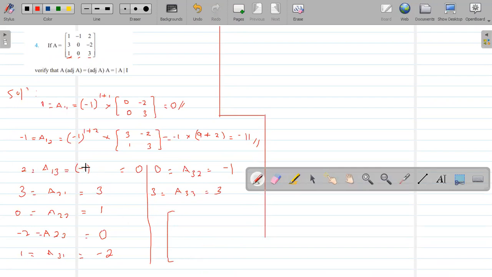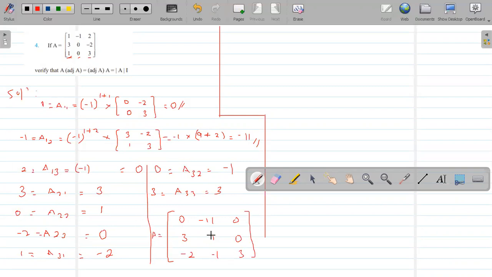So matrix form is, okay, so we start from here. So 0, minus 11, and again 0, then 3, 1, 0, minus 2, minus 1, 3. Is it right?